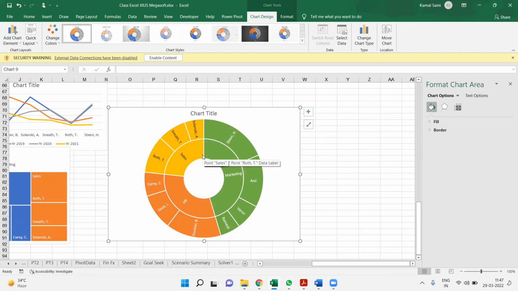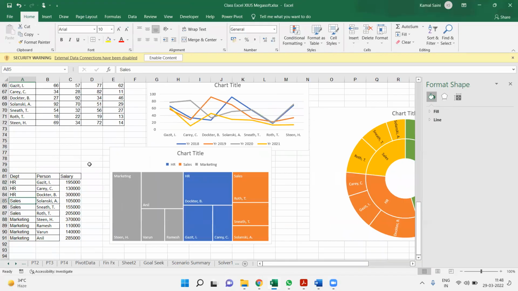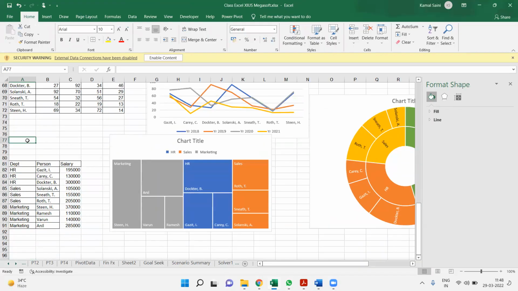So these are like hierarchy-wise charts. Under this we have tree map, and we also have scatter. So not scatter, this is sunburst.